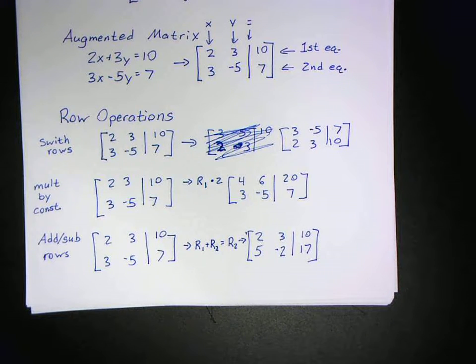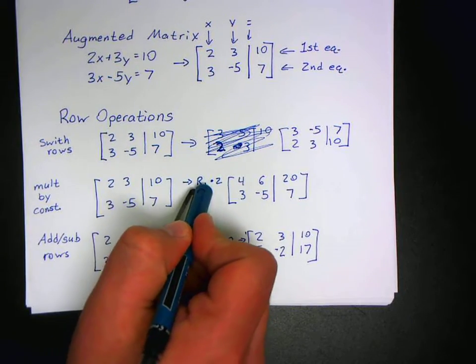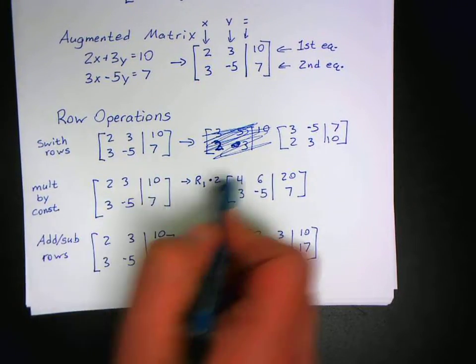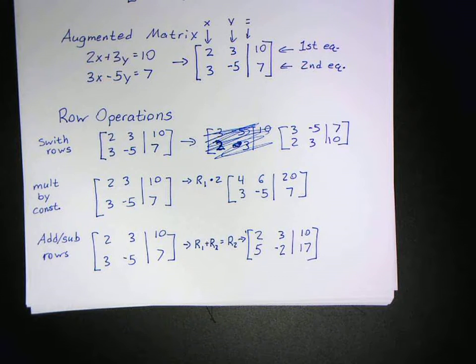I only have to get rid of one equation, but whenever you do that, you have to get rid of one. Now, we'll have a method to this, and I'll show you how to do this. But whenever we add them together, I have to replace one of them. Just like up here, whenever I multiplied by 2, I didn't keep the old row. I actually had to replace it. Okay, so those are our row operations.